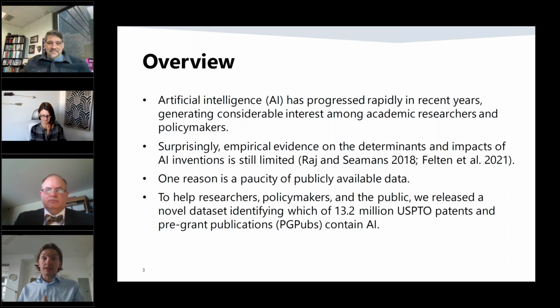I think the first thing is to focus on identifying which patented inventions and patent applications contain AI. So we released a data set. It classifies which of several different AI technology components I'll talk about in a minute, which of these 13.2 million patent documents, pre-grant publications and patents, contain these aspects of AI.